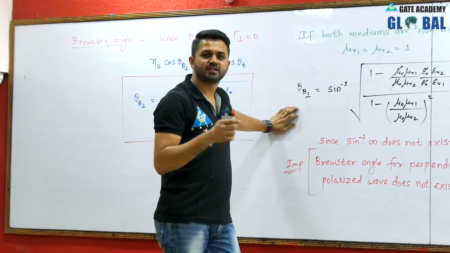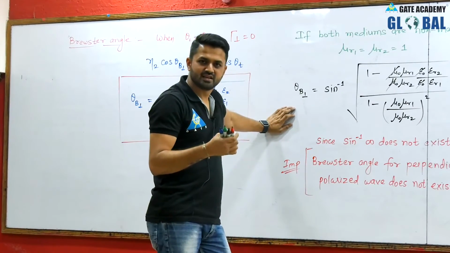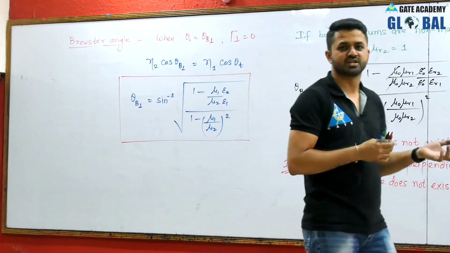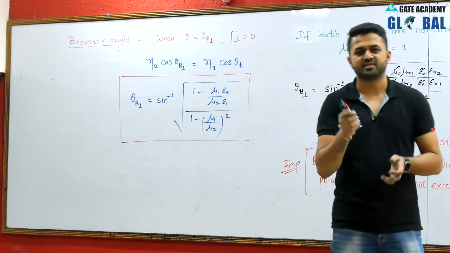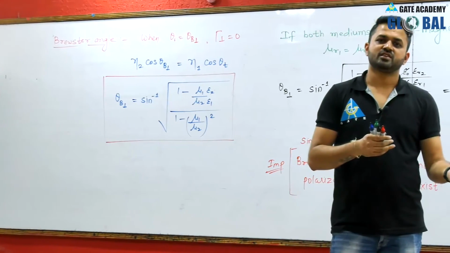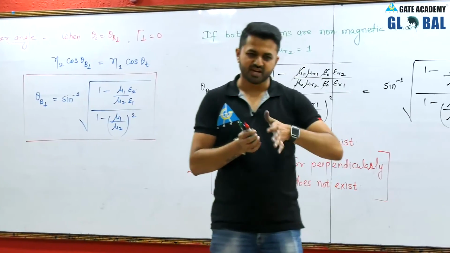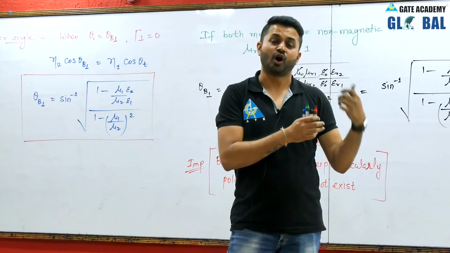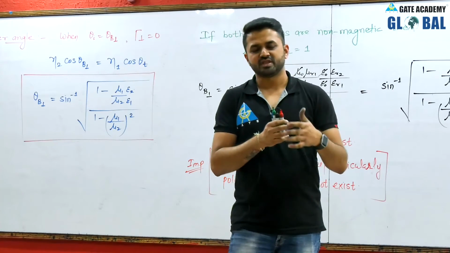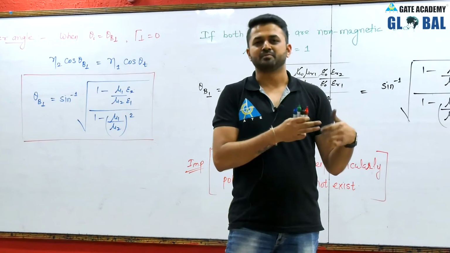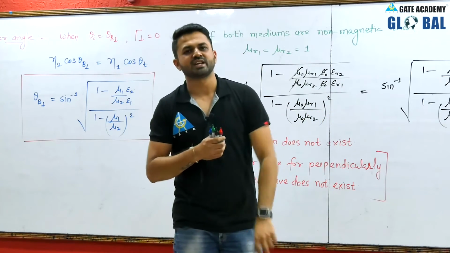Whenever the medium is lossless, as I told you when we were discussing wave propagation through different media, practical lossless media are generally non-magnetic in nature. So whenever we study lossless media, we study non-magnetic lossless media. It means the Brewster angle will not exist for them.